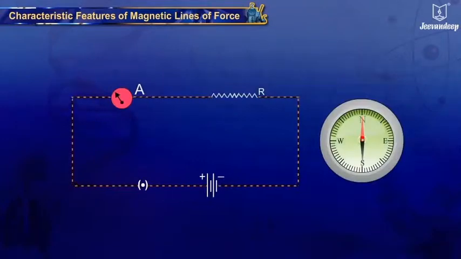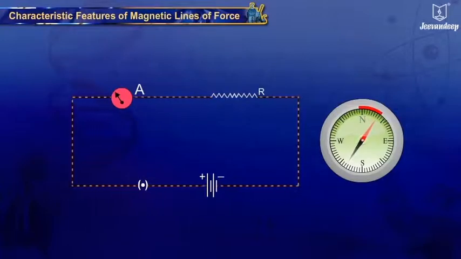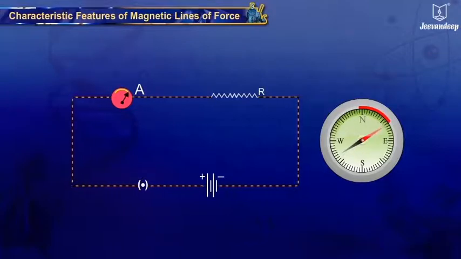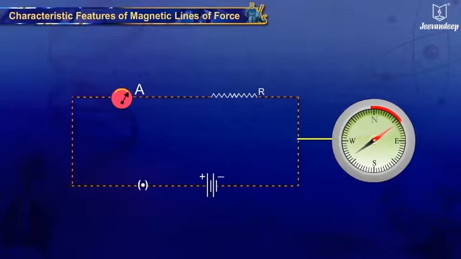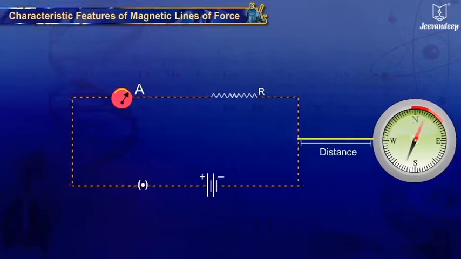The flow of current causes deflection in the compass needle, which increases on increasing the magnitude of the current passing through the wire and decreases on increasing the distance between the compass and the wire.